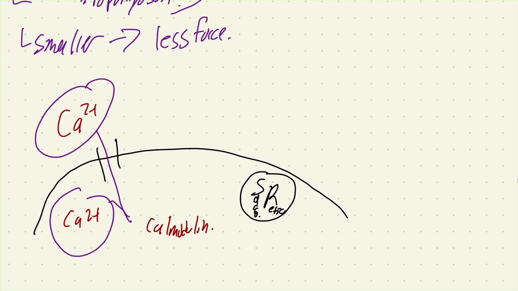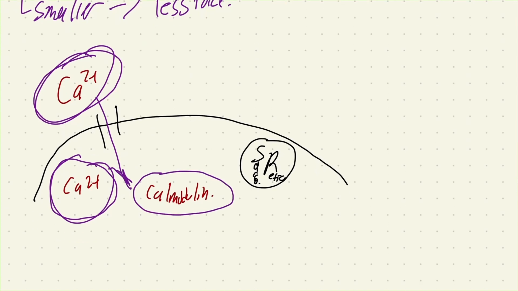But what's going on for smooth muscle is that there's an increase in calcium in the cytoplasm, and that binds to something called calmodulin.